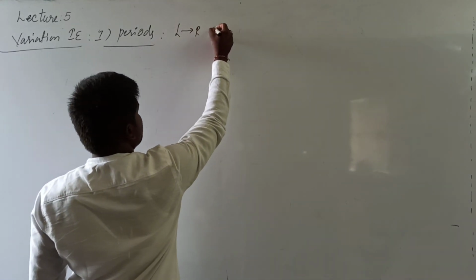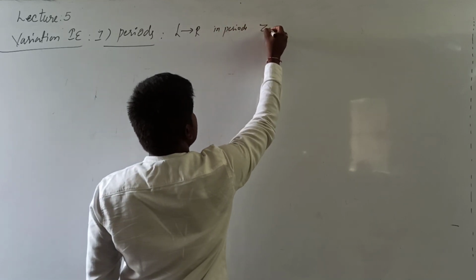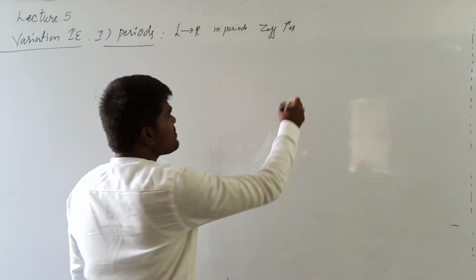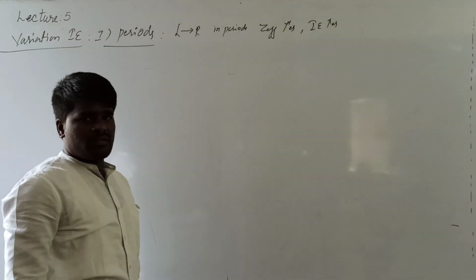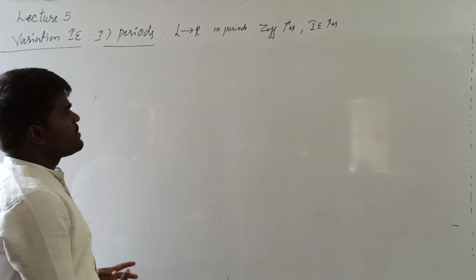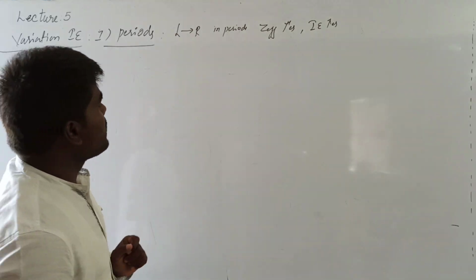In periods, what happens? Z effective increases. If Z effective increases, what happens? Ionization energy increases. Are you getting this? Left to right, atomic size decreases, Z effective increases, so the ionization energy increases.